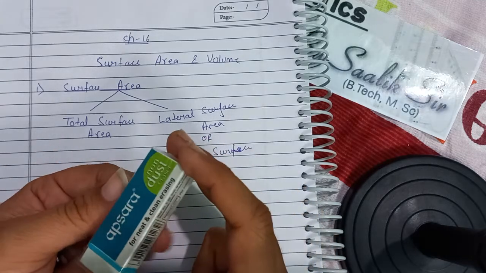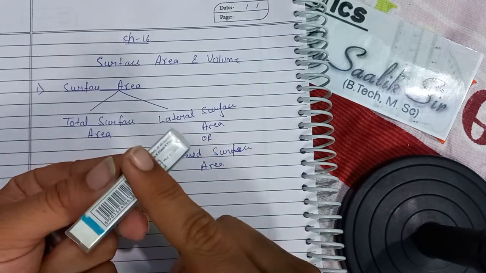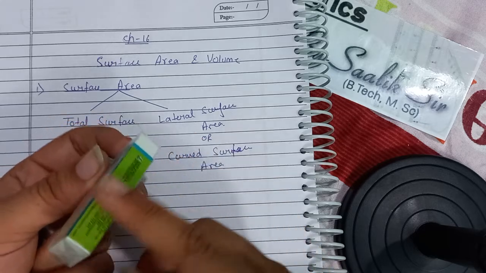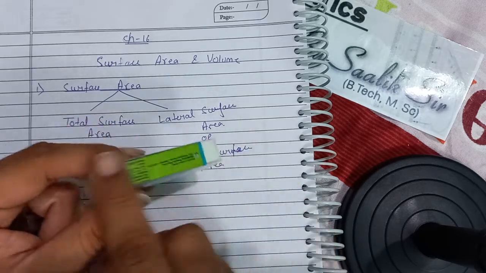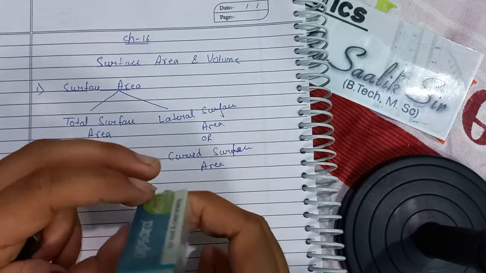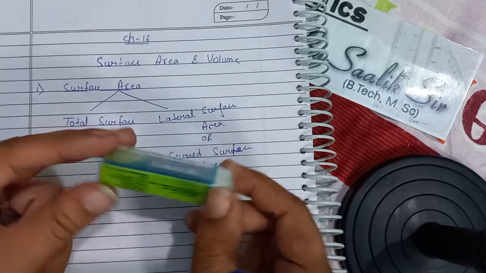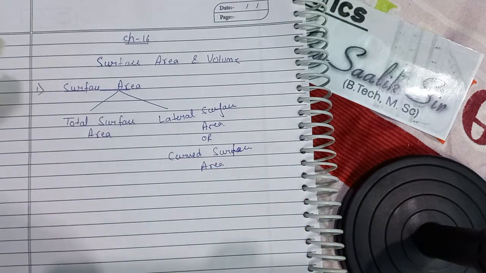If I take only these 4 faces, only the 4 walls, then it is called lateral surface area. Lateral surface area does not include top and bottom. If I include top and bottom and all the surfaces, then it is called total surface area.